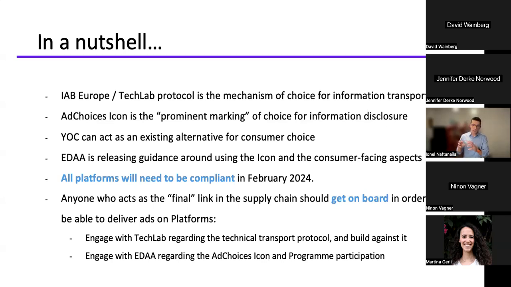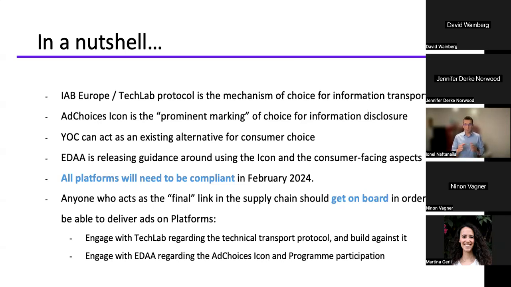YourLineChoices can be used by platforms and their partners as a backup option when it comes to information disclosure and consumer choice. And we as EDA are releasing guidance around how to use the icon and the consumer-facing aspects of the program.